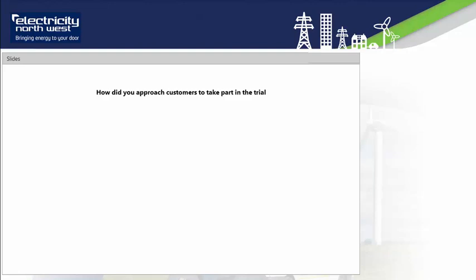We have essentially approached all operators of synchronous generators and motors within the Northwest. So we've looked at our generation database, we've looked at all high voltage connected customers in our region, and we've gone outside the region to get customers to take part. We've been speaking to trusted partners who have a more direct relationship with industrial and commercial customers, specifically the ADE and Energy UK.